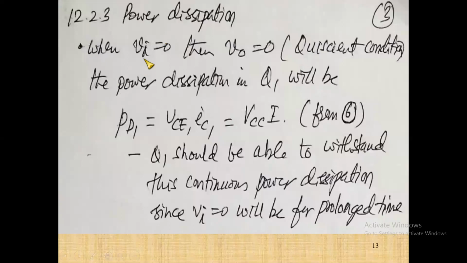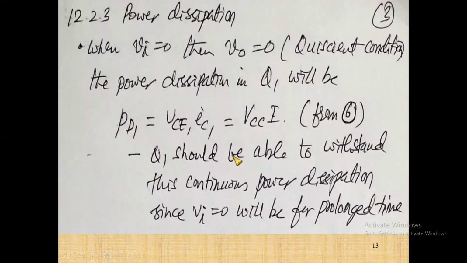So when Vi is equal to 0, then we know V naught is equal to 0, neglecting the VCE sat. That is the quiescent condition. The power dissipation in Q1 will be VCE1 into IC1, and when VCE sat is equal to 0, VCE1 will be equal to VCC itself, VCC minus V naught, and the maximum value of IC1 will be I itself.